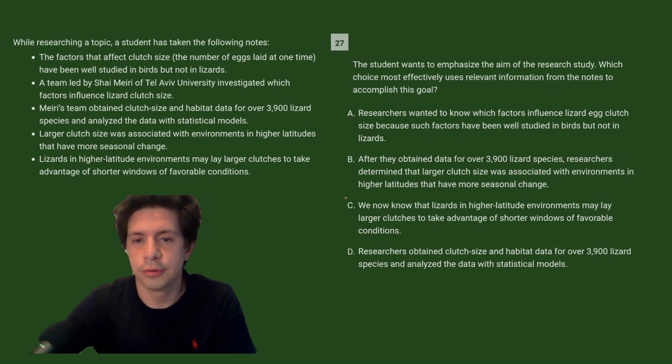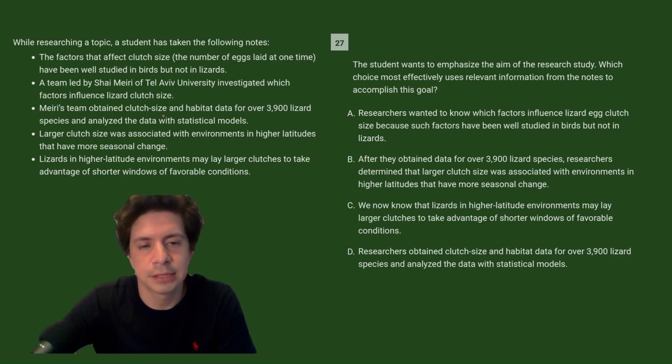Try it again on your own, and then try it with me. The student wants to emphasize the aim of the research study. Which choice most effectively uses relevant information from the notes to accomplish this goal? The factors that affect clutch size, the number of eggs laid at one time, have been well studied in birds, but not in lizards. A team led by Shai Meiri of Tel Aviv University investigated which factors influence lizard clutch size.